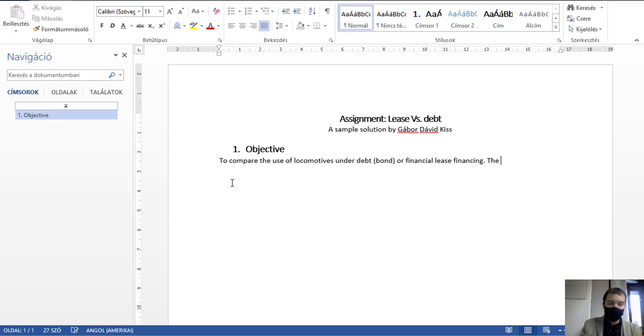The comparison will be based on the profit, the pre-tax profit ratio, the probability of default, and the value of the company.